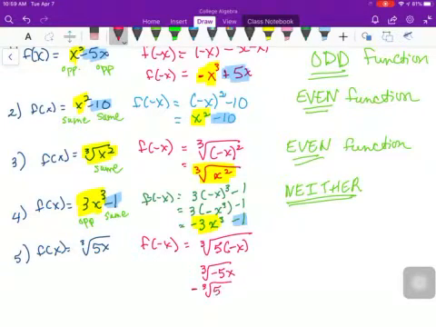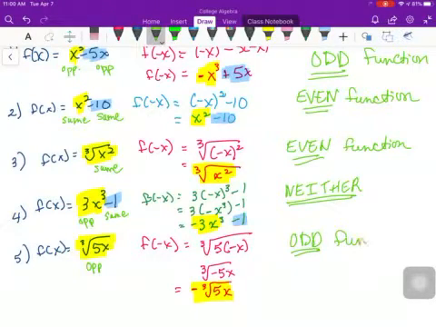There is no cube root of 5, and there is no cube root of x. So my result is a negative 1 times the cube root of 5x. So let's check our final. Negative cube root of 5x compared to the cube root of 5x. Those are opposites. So it is an odd function.